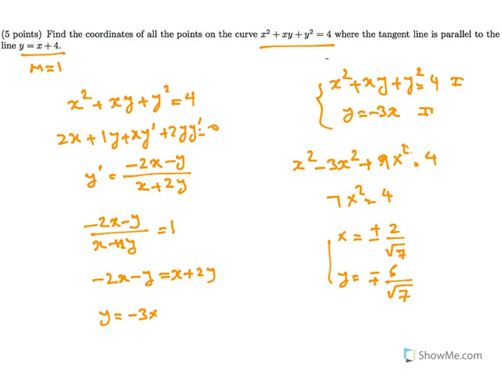Meaning at these points, positive 2 over root 7 and negative 6 over root 7, or negative 2 over root 7 and 6 over root 7, the tangent line is horizontal.